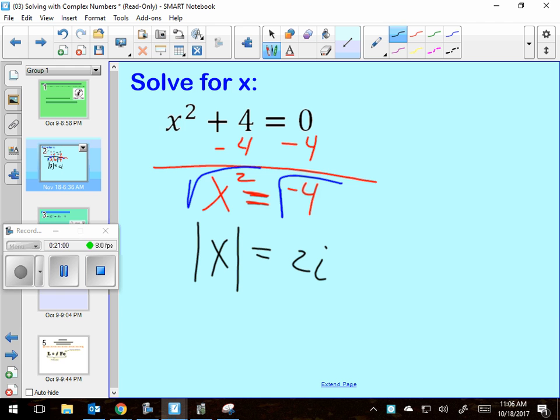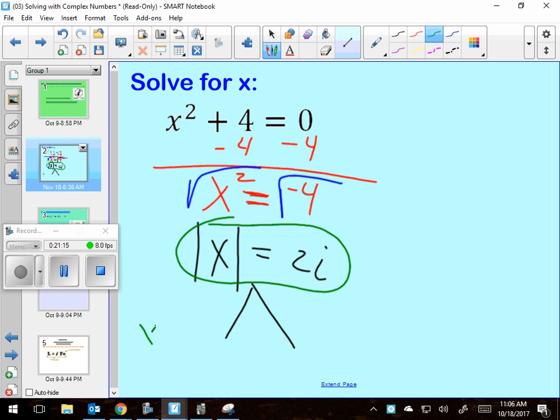So then how do you get the final answer? You break the absolute values. Always have 2 separate equations to solve. And here's what they look like. Without the absolute value bars, x equals 2i. Then you copy this over again, and obviously it won't be the exact same thing, or that'd be craziness to try to solve it twice.